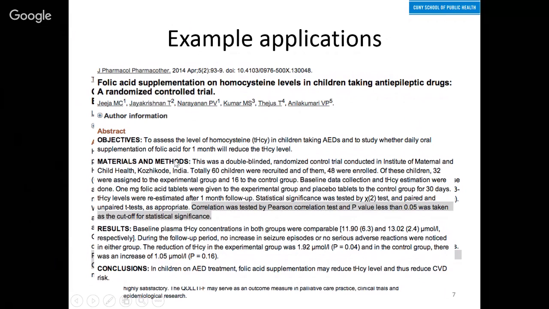Materials and methods: correlation was tested by Pearson correlation test and p-values. Okay, but what correlations? So they did a chi-squared test, unpaired t-tests, and correlation. They did a lot of different tests here.